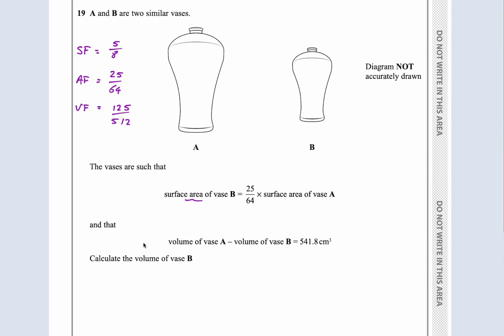But still not simple. So it says the volume of vase A minus the volume of vase B is equal to this. Calculate the volume of vase B. Right.